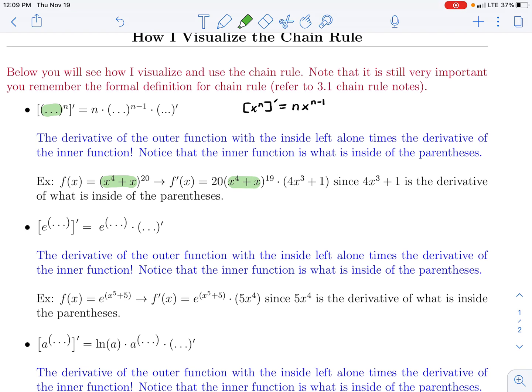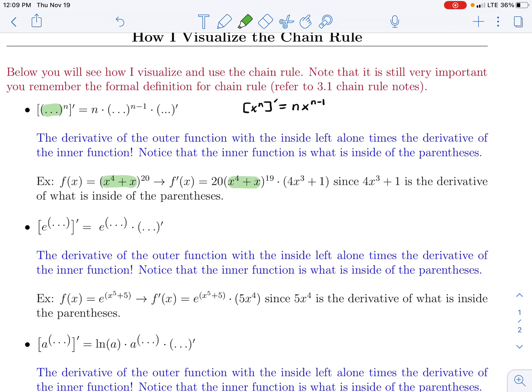So what I get here is the derivative of x to the 4th plus x, that gives me 4x to the 3rd plus 1, which is the derivative of what is inside of the parentheses.